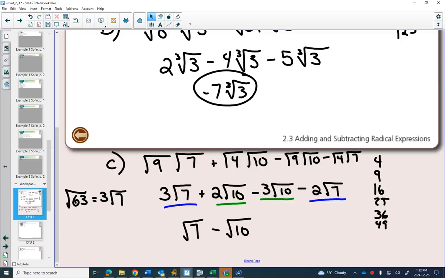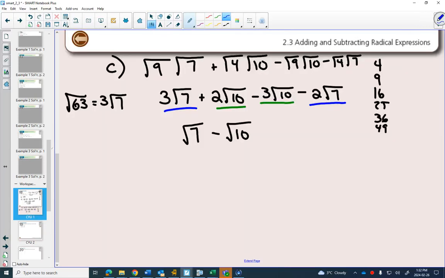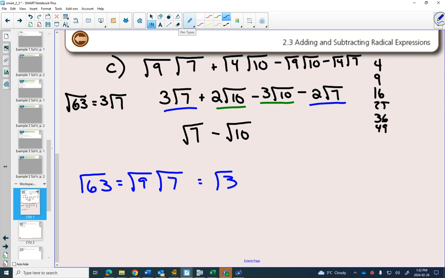But we have to be careful here, because I see students, I don't know why, this happens a lot. So watch this. Square root of 63, they're like, square root of 9 times square root of 7. Okay? I see this going square root of 3. See, square root of 9 is 3, right? But you're writing square roots, and you just stop thinking for a second and add an extra square root.